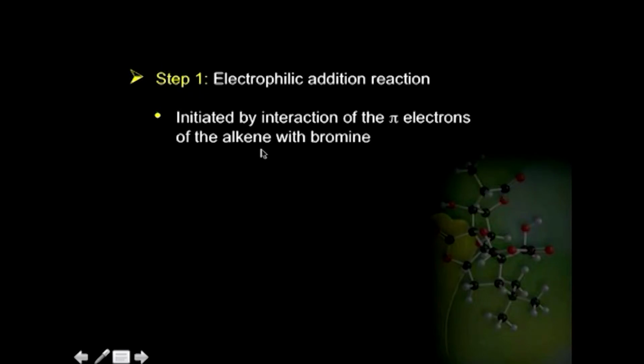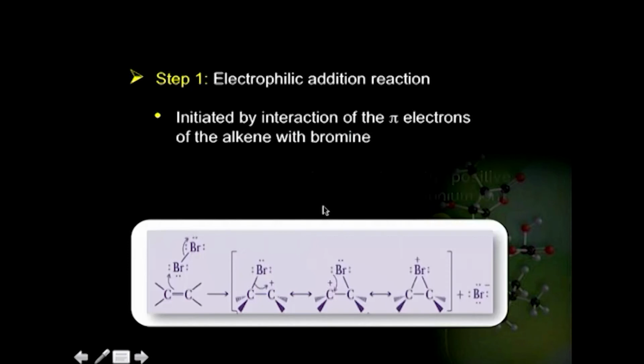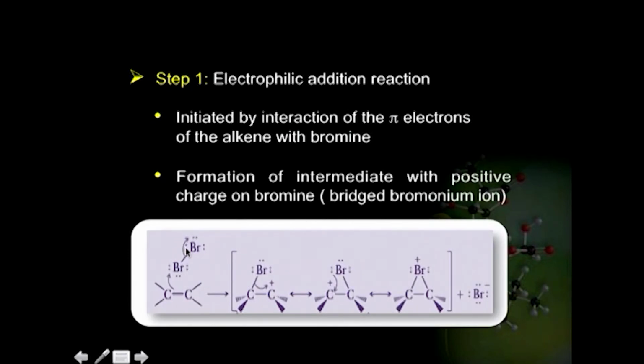And if we look into its mechanism in a little more detail, we will see that this is initiated by interaction of the pi electrons of the alkene with bromine, as is shown in this particular reaction. Formation of an intermediate with positive charge on bromine is created. This particular ion we call a bridged bromonium ion, the bromine with a positive charge.